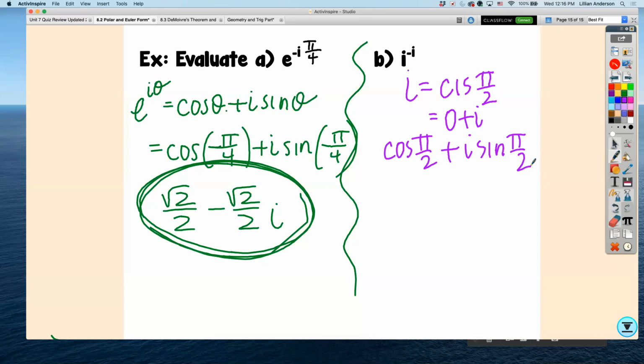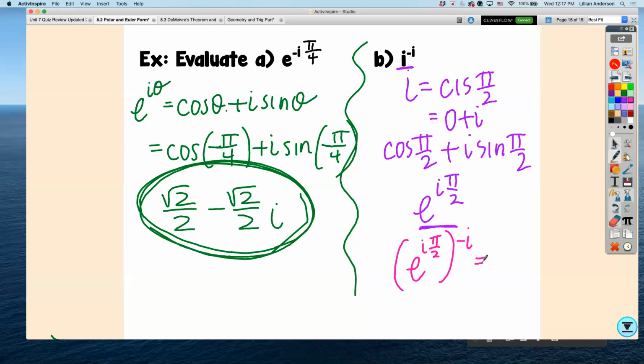This can be written how? So i, which is cosine pi over 2 plus i sine pi over 2, can be written as e raised to the i pi over 2. So I can replace this i with this expression to essentially get e raised to the i pi over 2 with a negative i there, which would be negative i squared.